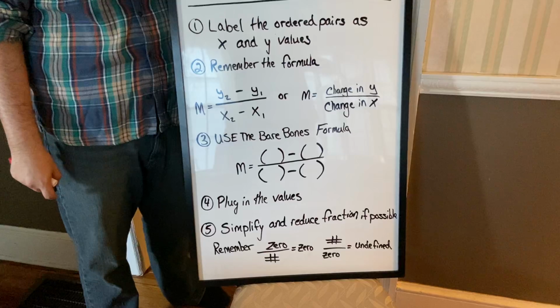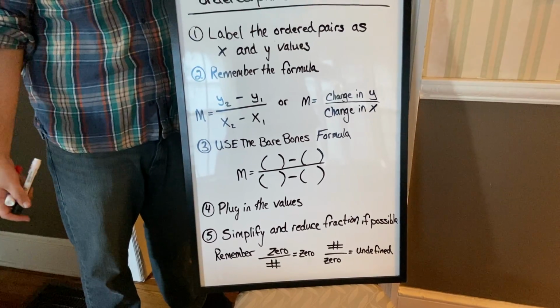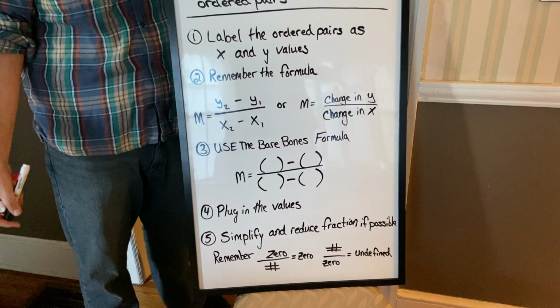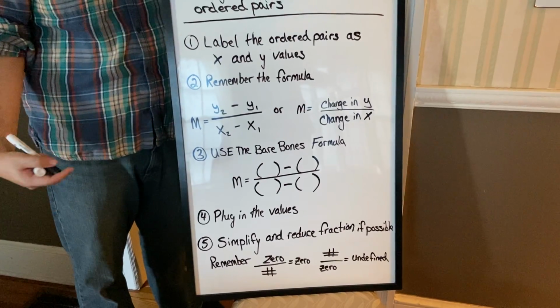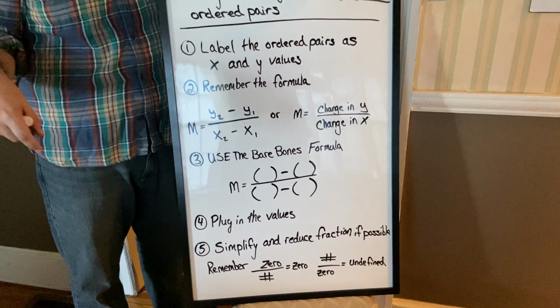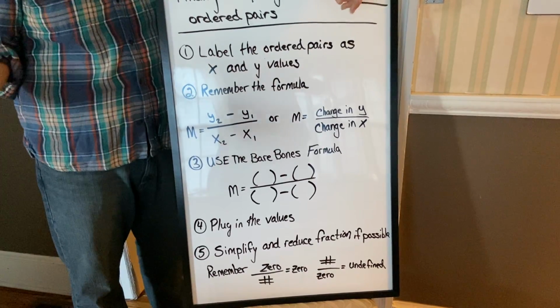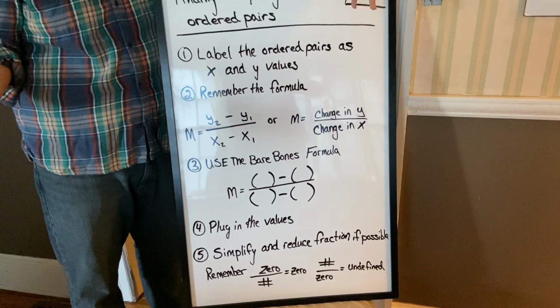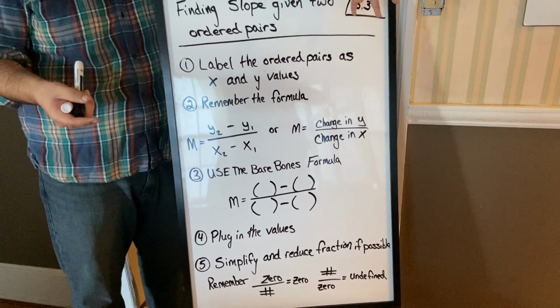If I asked you how much something changed, let's say, hey, I noticed last week I weighed 250 pounds, and then this week I weighed 240 pounds, and I want to see the change. You don't add those numbers. You don't say 250 plus 240 is 490. Change means you want to subtract. So 250 minus 240 means I changed 10 pounds.